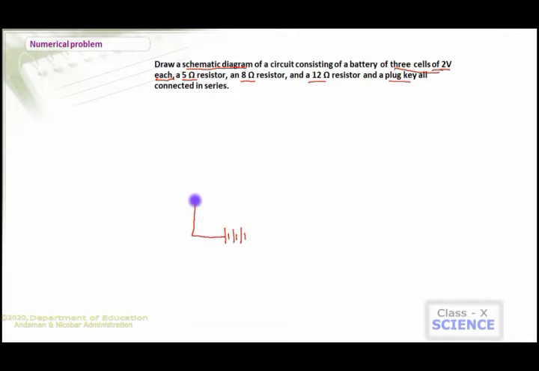So here we will make the first resistor, then the second resistor, then this is our third resistor. So 3 resistors over here, R1, R2, R3. R1 has the value 5 ohm, R2 with 8 ohm, R3 with 12 ohm.